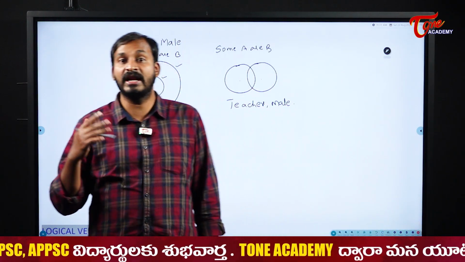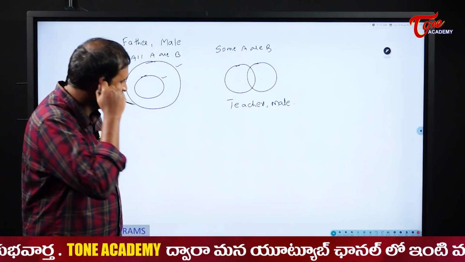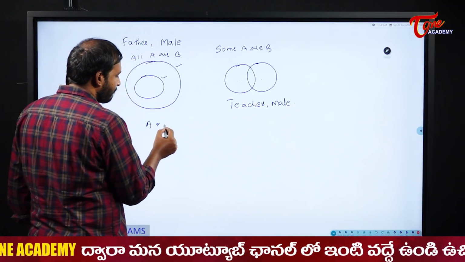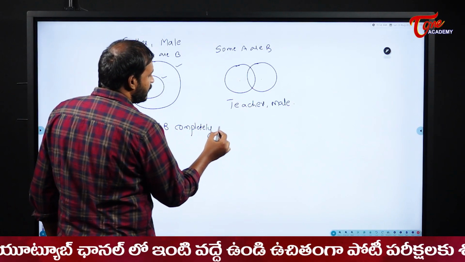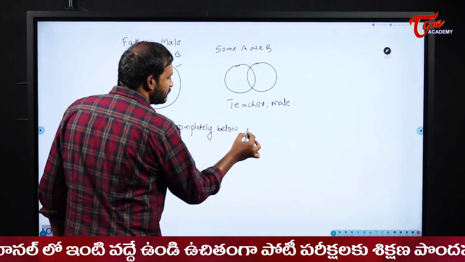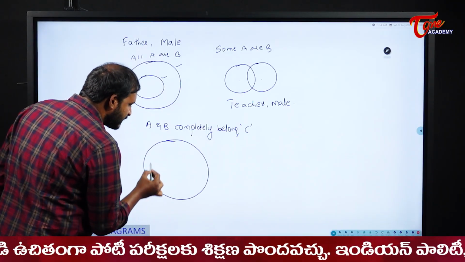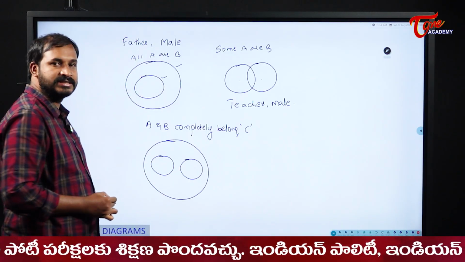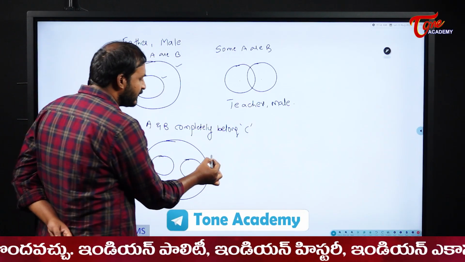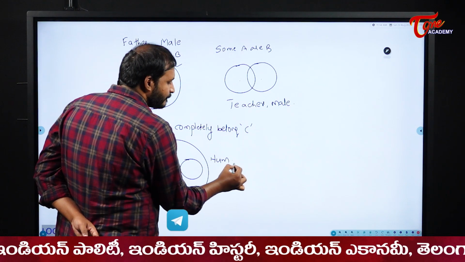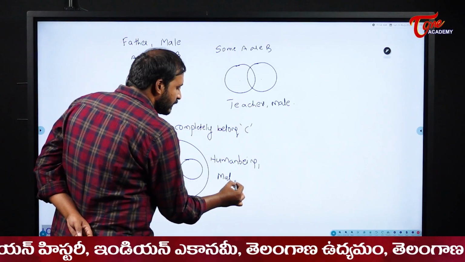Now if there are three elements, if A and B completely belong to C, then how will I write? See, A and B completely belong to C. What does it mean, sir? Means C is the largest group, inside that I will draw A and B. That means if I want to tell an example, I can take human beings, male, female.